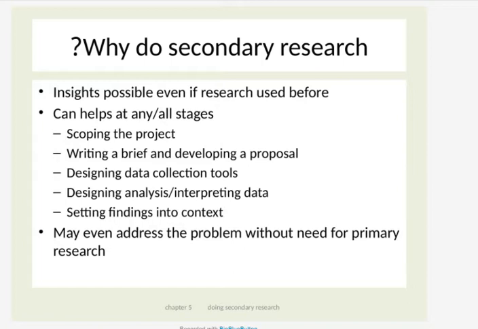Why? It is useful in the early stage of the project. Because it helps you clarify your thinking about the issues, helps with the problem definition, the research design, and the planning. So it's very important at the early stage of the project.